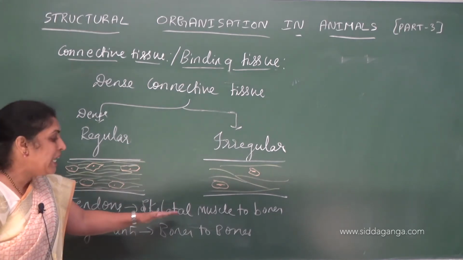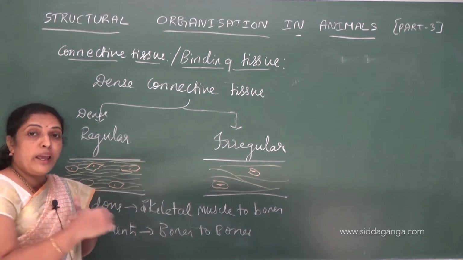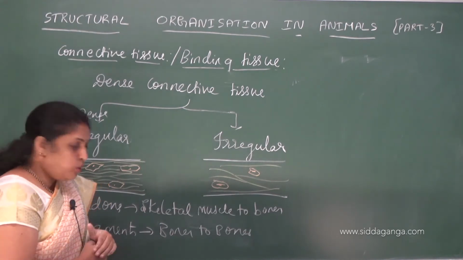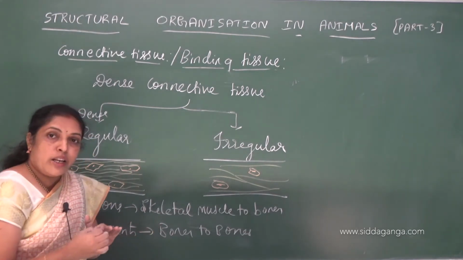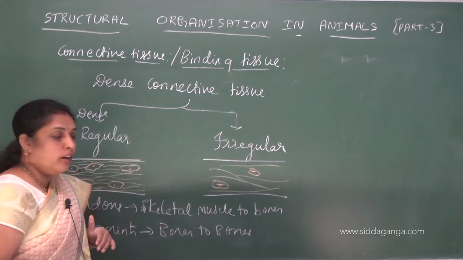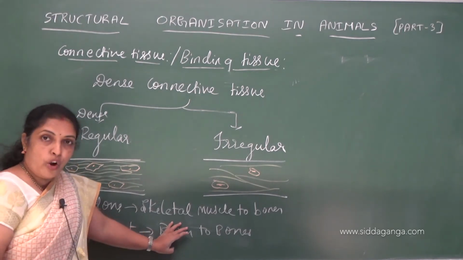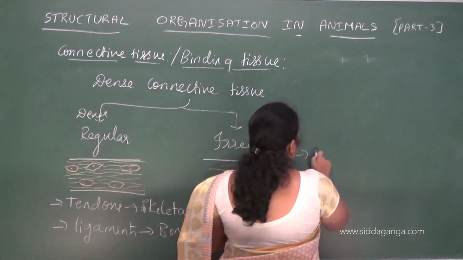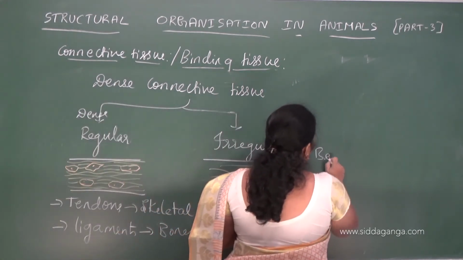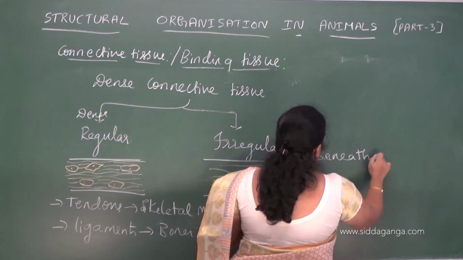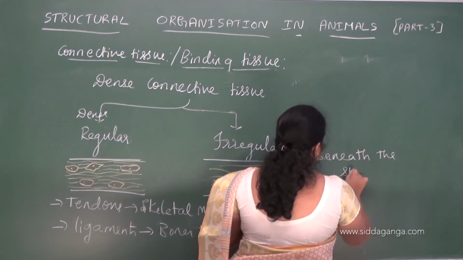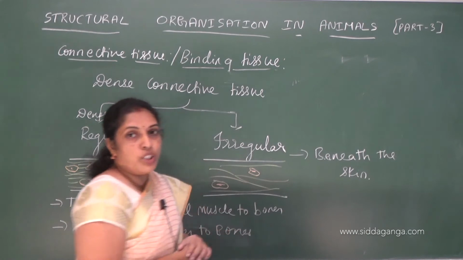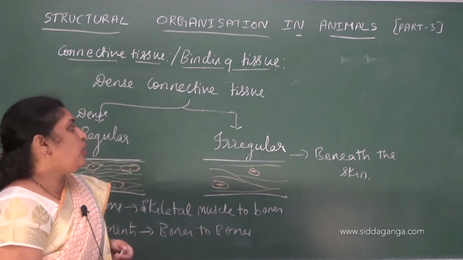Tendons connect skeletal muscles to bones, which helps in movement and locomotion. Ligaments connect one bone with another bone. That's what you have to remember for your competitive exams. Dense irregular connective tissue is present beneath the skin. So this is about dense connective tissue.